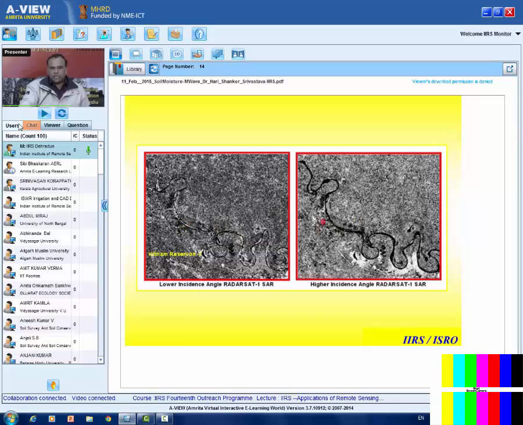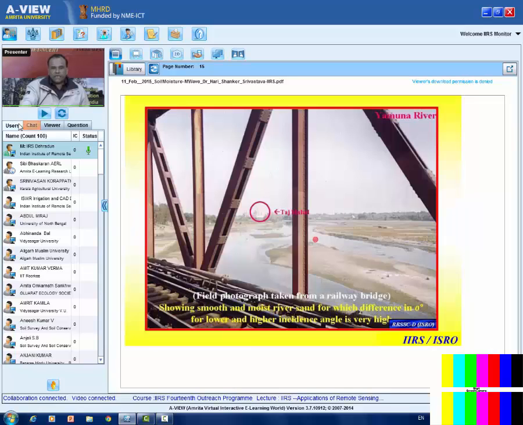Here also you see this river appears broader on this high angle image, and thinner on the low incidence angle image. Why is it so?